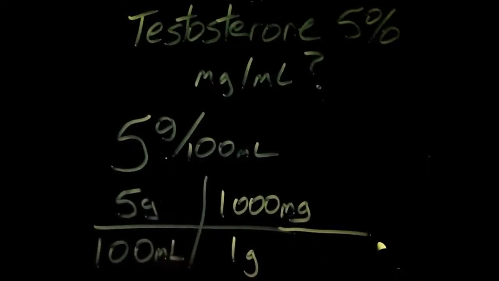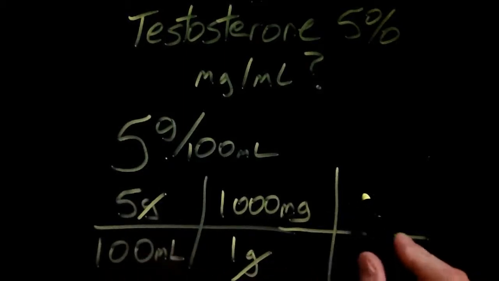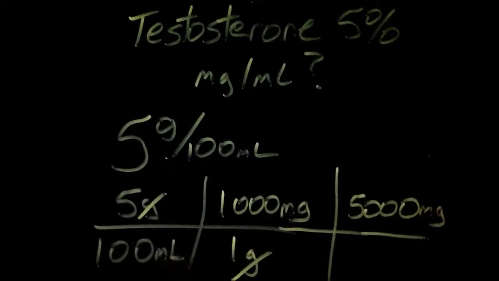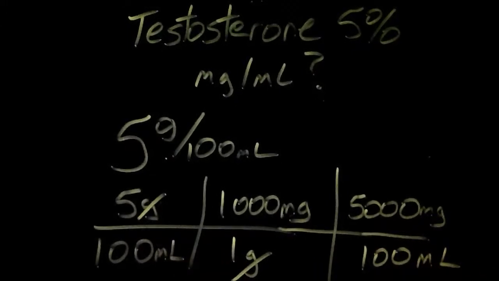Fairly simple, correct? Now all I'll have to do is multiply straight across. I can take out my common labels, which are grams in this case, and I will have 5,000 milligrams over 100 milliliters. But that wasn't the question.